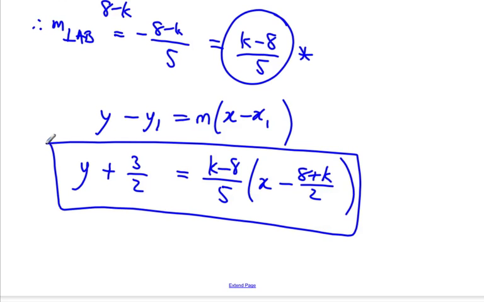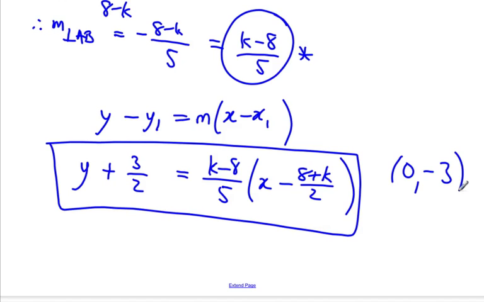That would be it. But we know that this line passes through this point, because the question told us. So this point, 0, -3, must work for this line because it's on the line. So it has to work. Okay?